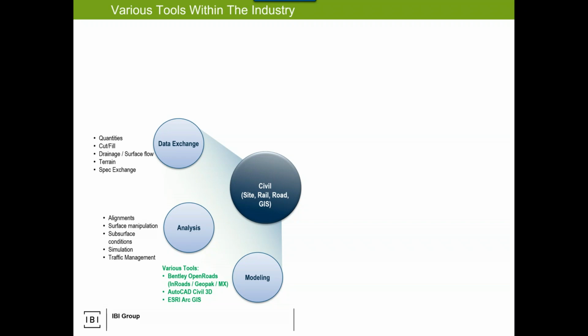The beauty of the civil tools is that the data exchange is very specific on cut and fill analysis, quantities of linear layers, terrain modeling from digital terrain files, triangulation, superelevation, etc., and exchange with specification information. And it's all very well suited to the linear environment.